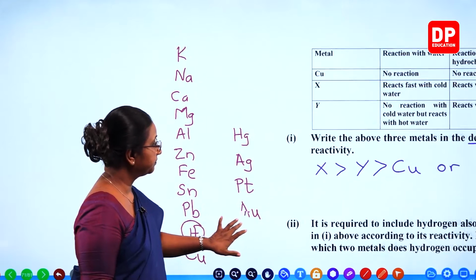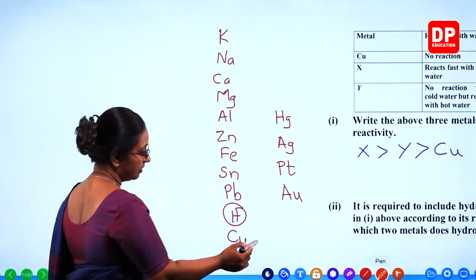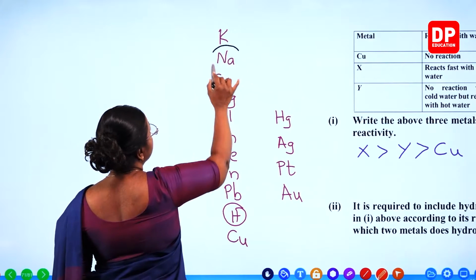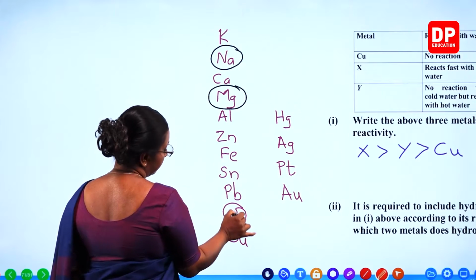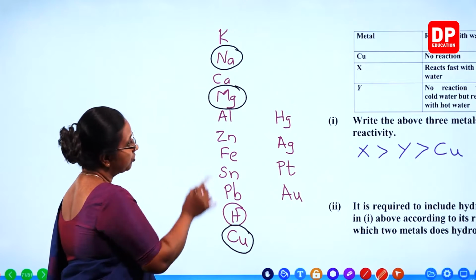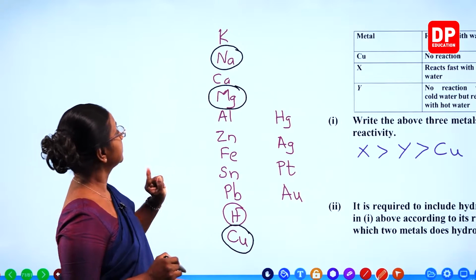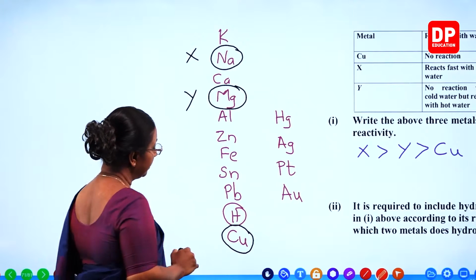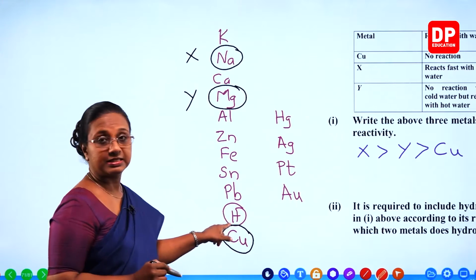So here you can see the position of hydrogen. Where is it? You can see we have sodium here, then we have magnesium here, then we have copper. Those are the three metals given in the question. Sodium is X, then magnesium is Y, and copper was given. So where do you place hydrogen?